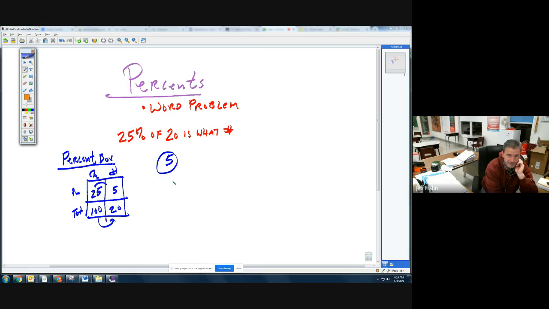And again, we've talked about this numerous times here, but in math, it's always good if you think about the word of as being multiplication, and the word is as an equal sign.